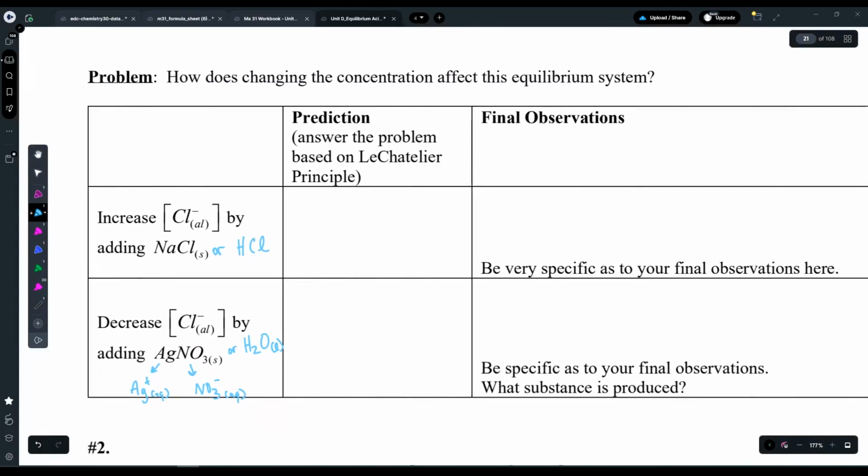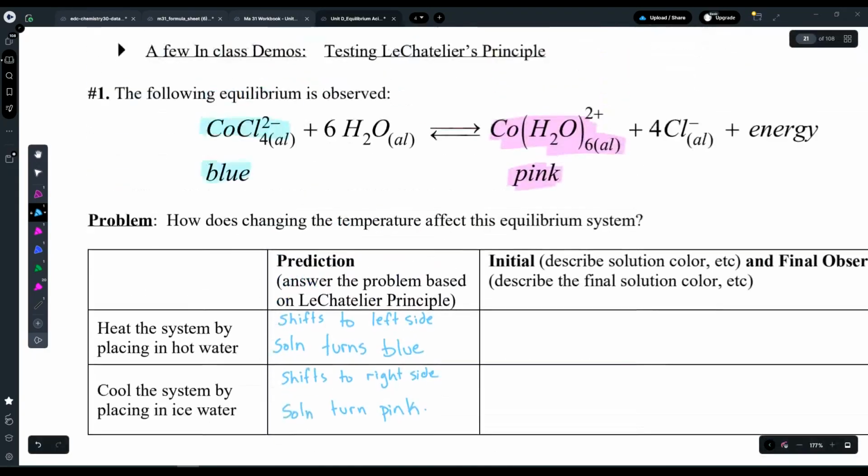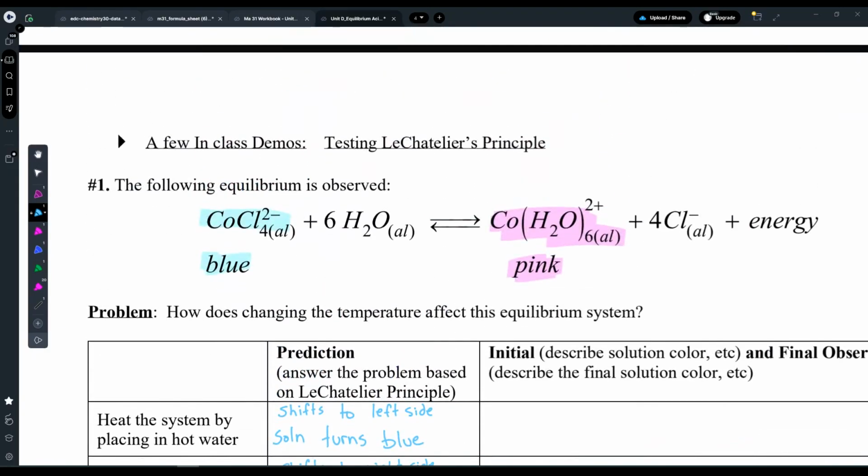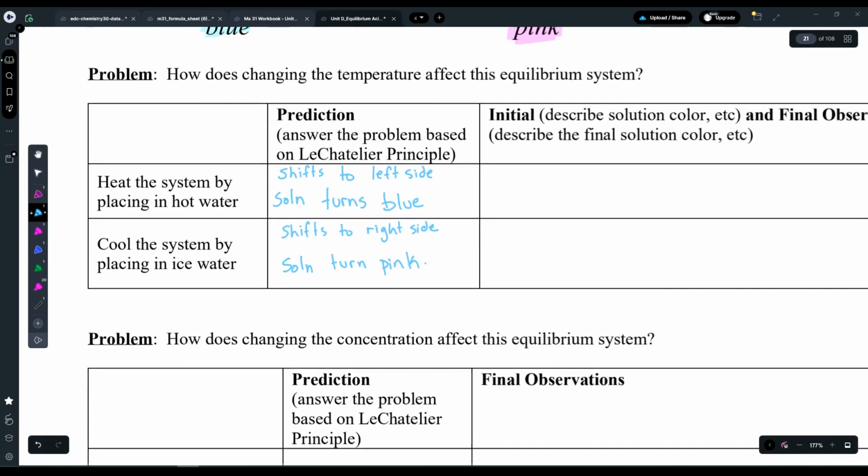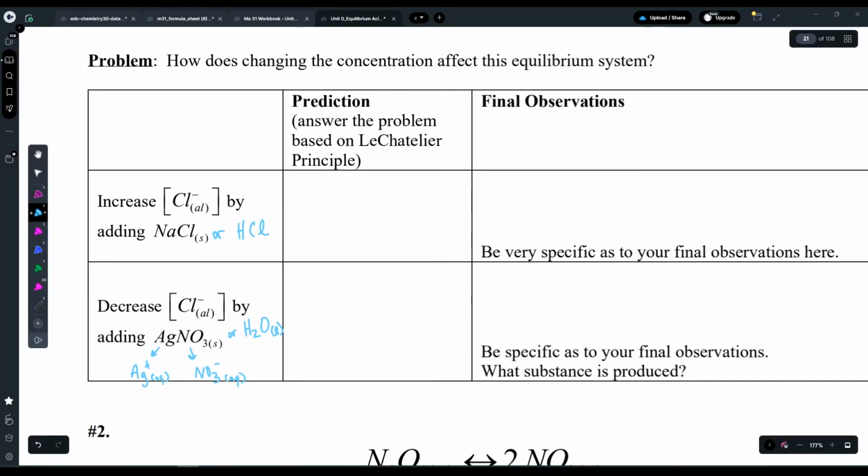So take a moment to figure out how decreasing the amount of chloride ions is going to cause this equilibrium to shift. Is it going to shift to the left or the right, and what color is the solution going to turn? Take a moment, pause the video, figure it out.